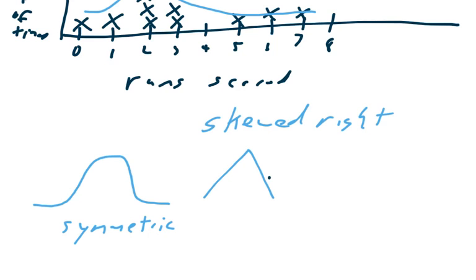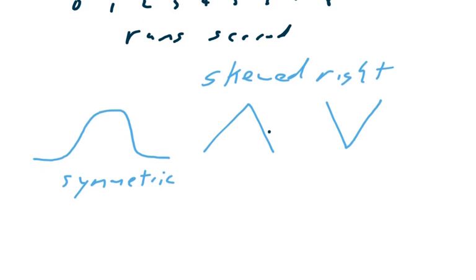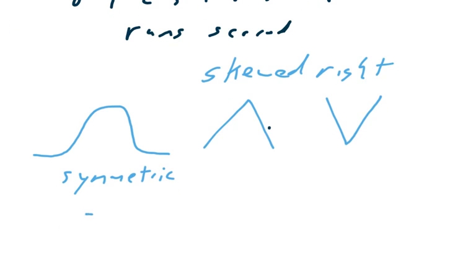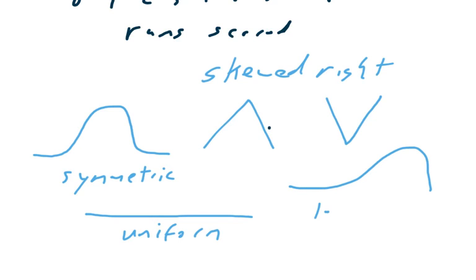That would also be considered symmetric. That would also be considered symmetric. If it's flat like that, we refer to that as uniform. And if the tail is over on the left, this is skewed to the left.